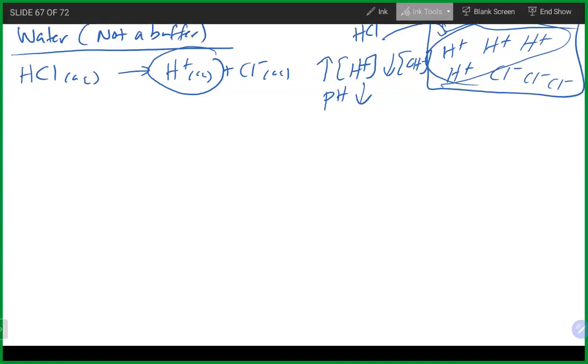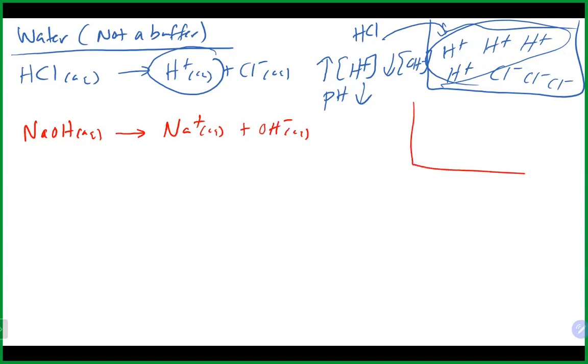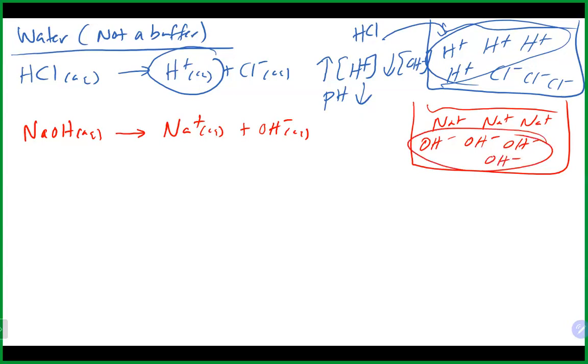What would happen if we took some sodium hydroxide, which is a strong base, and added it to water? Same thing would happen. It would completely break apart into a sodium ion and a hydroxide ion. And what we would see in the beaker is a bunch of sodium ions, but more importantly, in terms of the pH, we would create a lot of hydroxide ions freely floating in that solution.